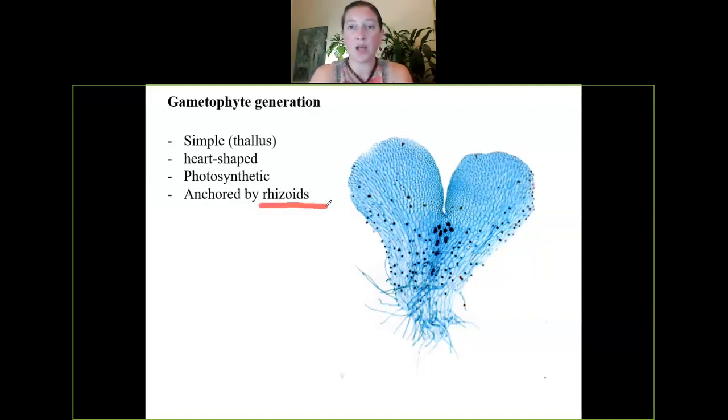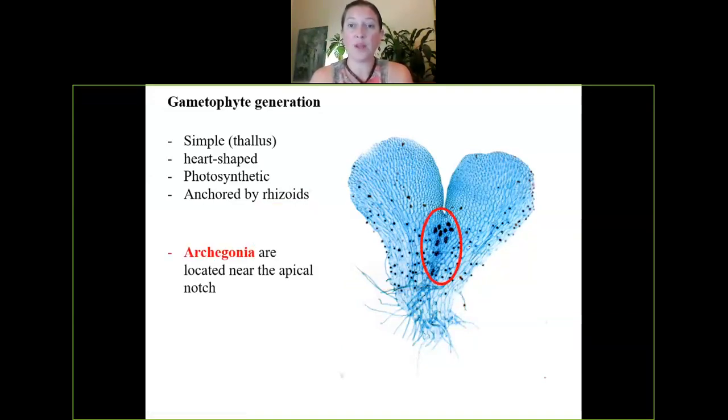So rhizoids are little hairs that help anchor the gametophyte to, let's say, a rock. It doesn't want to just be washed away by water, and it doesn't have roots or anything like that. It's just a little green flat thing. And so the rhizoids are these hair-like things that help attach the gametophyte plants to things.